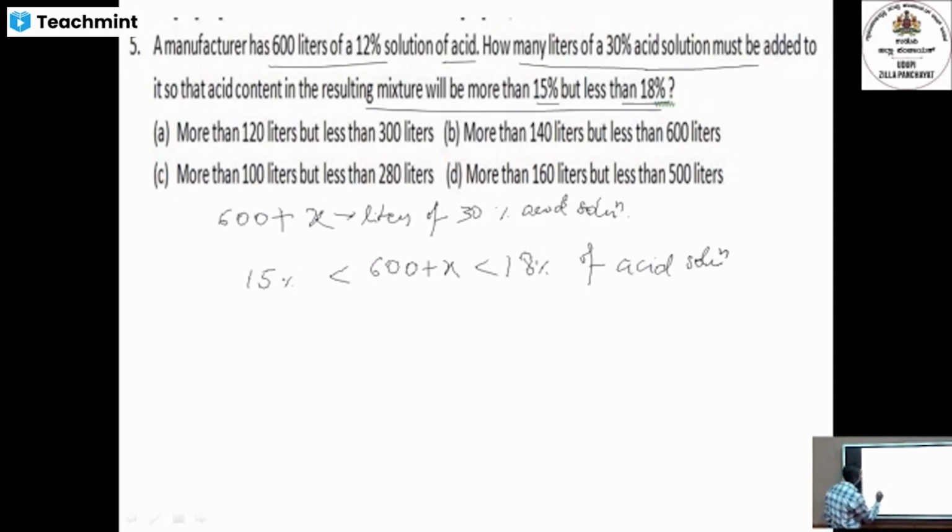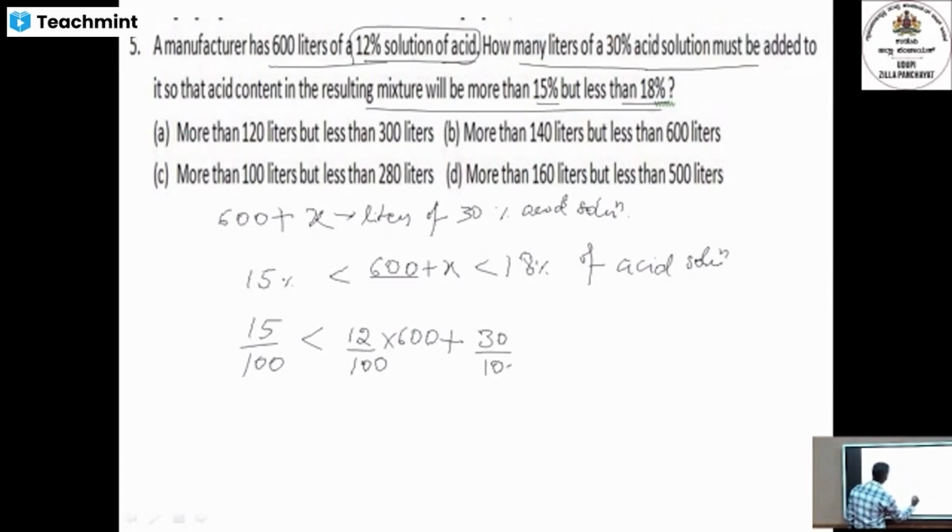Here 15% means 15 by 100 should be less than 600 liters of 12% acid solution. So it will contain 12 divided by 100 times 600, plus x, which contains 30%. So 30 by 100 into x.